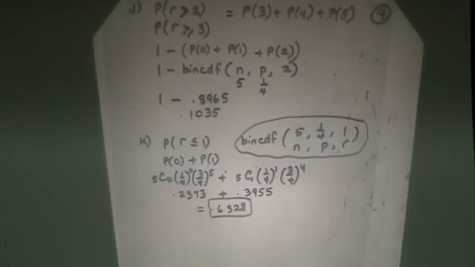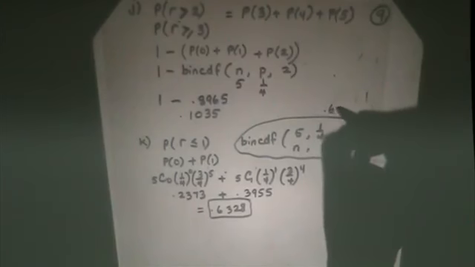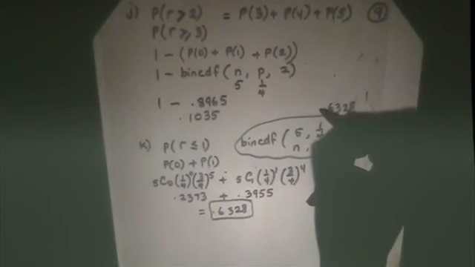So when I add these both up, I get 0.6328. I want to make sure my calculator gives me that. So second distribution, binomial CDF of 5, 0.25, 1 gives me 0.6328 also. So it's good.